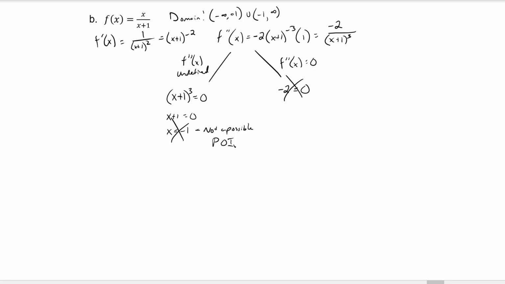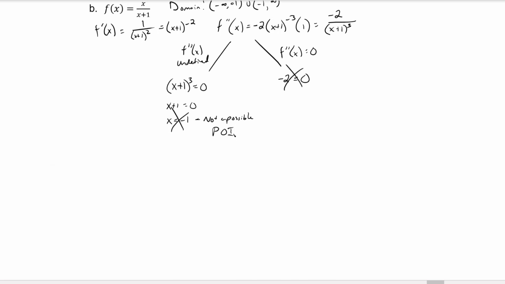But remember, concavity can change about a vertical asymptote. In this case, x equaling negative 1 is a vertical asymptote. So we still have to look at the concavity and decide if the function is concave up or concave down. We still have to do the test on our domain.